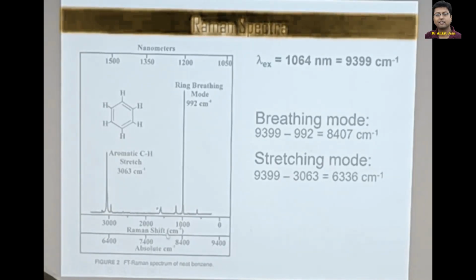So you can have an absolute value, or you can have a Raman shift value that can be seen through the instrument, but usually the instrument cuts out the incoming wavelength, so it makes it 0, and with respect to this 0 it will show the Raman shift values for these particular ring breathing modes and aromatic modes or something else.